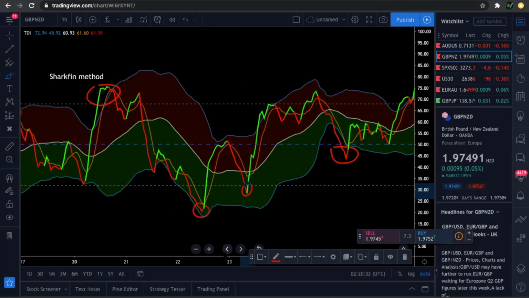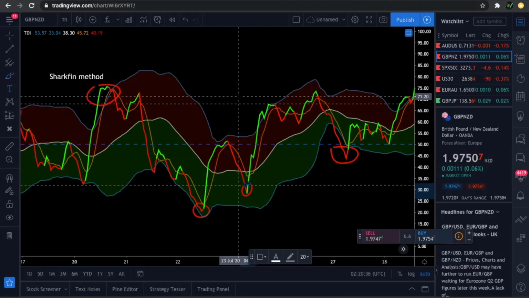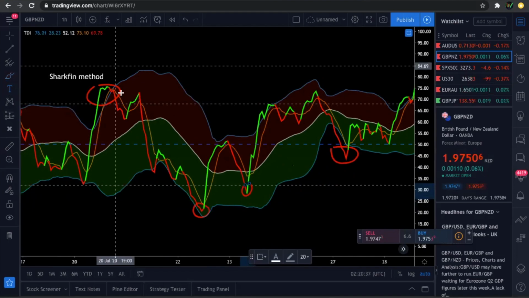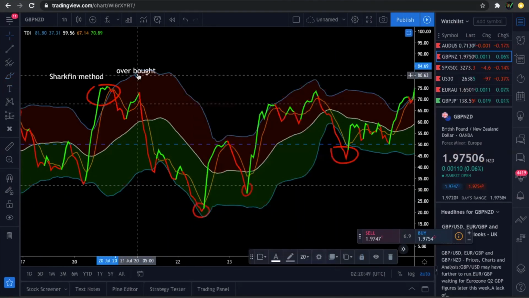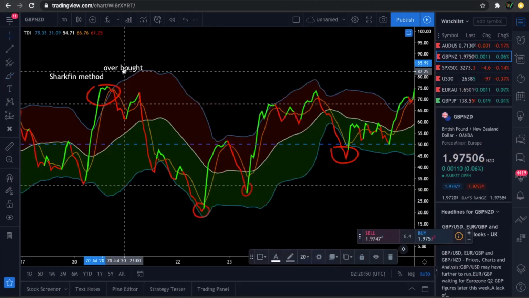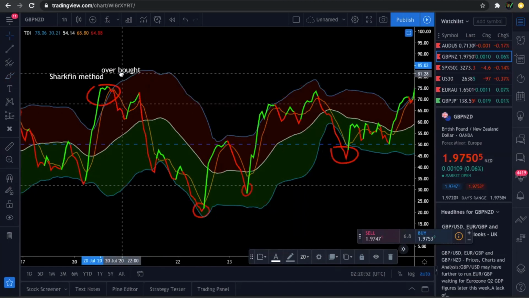In stocks, they use this for oversold and overbought, okay? Meaning, when you see a shark fin on the top, it is overbought. That means that a stock was overbought, okay?